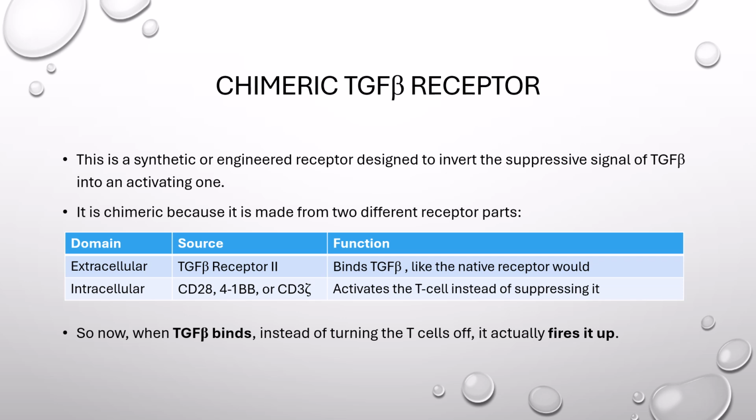And you have the intracellular domain, which consists of either the activating CD3 zeta or the co-stimulatory CD28 or 41BB. And there isn't a direct conflict between the CD3 zeta in this receptor and your normal CAR T, where you have a CD3 zeta in the intracellular domain.